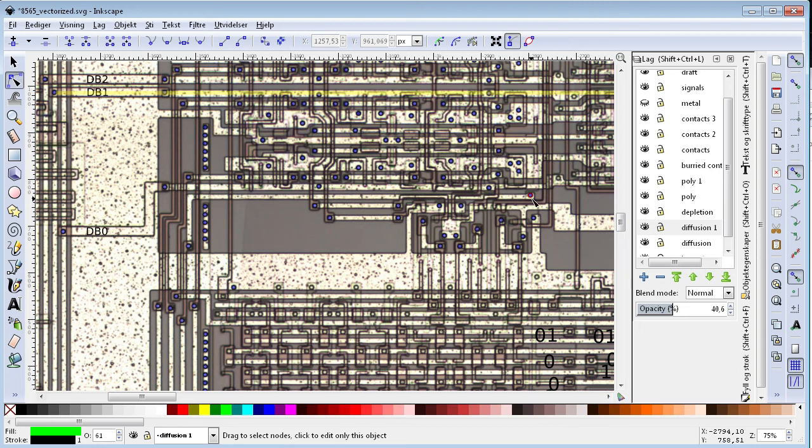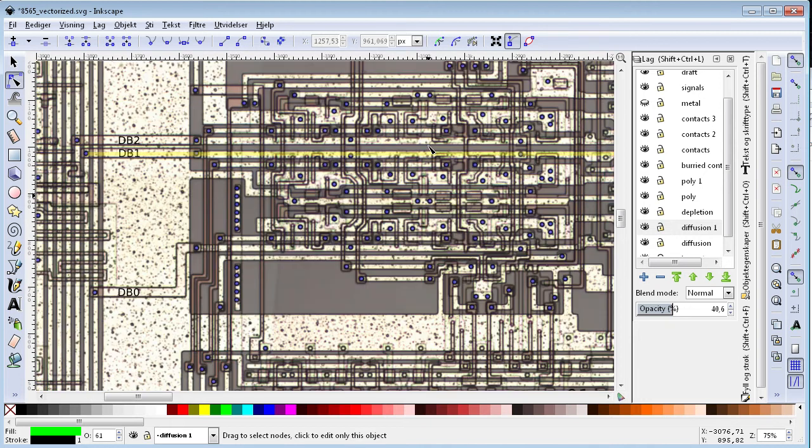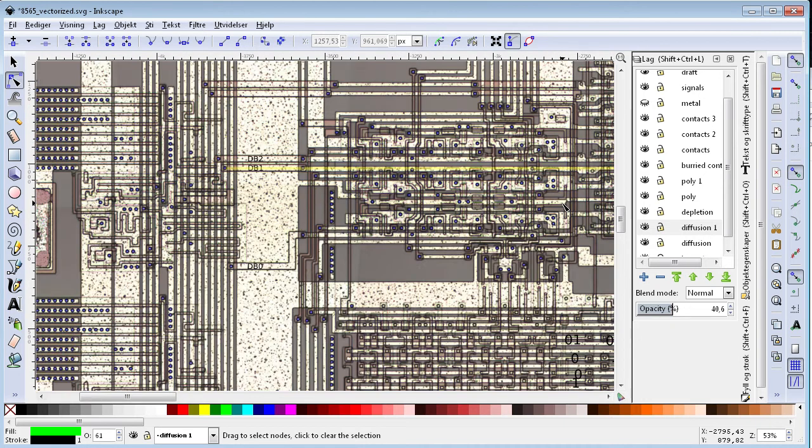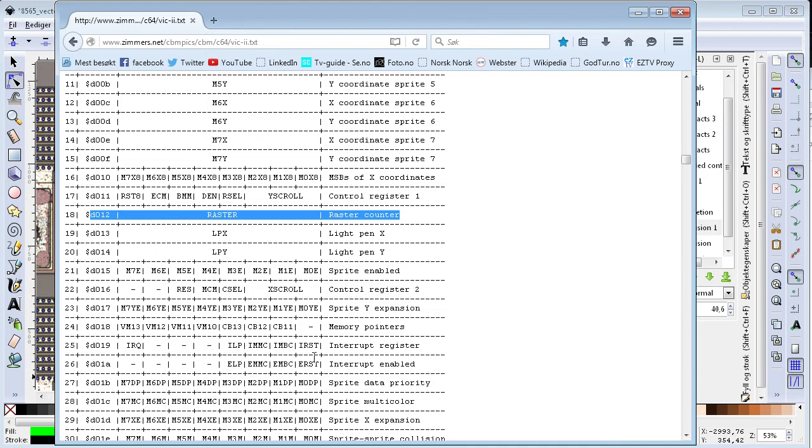There's a connection here though. This is the line that goes down to the raster. So yeah, so I think something here. This looks like registers also. So maybe this is something to do with the control lines, because you can switch off the interrupt, you know.